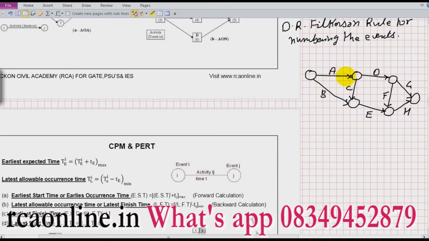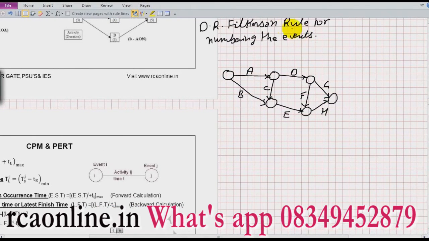Okay. Now I want to number the network. So the rule says give the lowest number to the event which has 0 arrow coming into it.